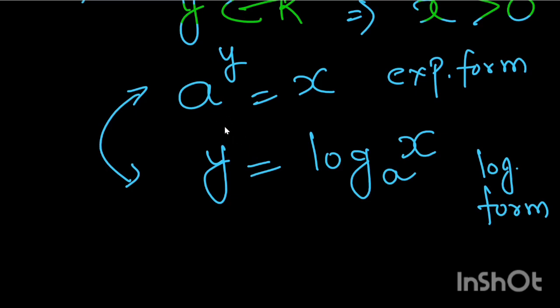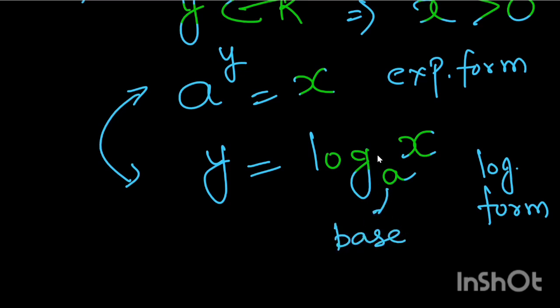Now let's understand this. Whatever was there as the outcome, the positive outcome, came directly in front of log. And the number which is slightly below log and a, that a is what we call, as I said, the base.